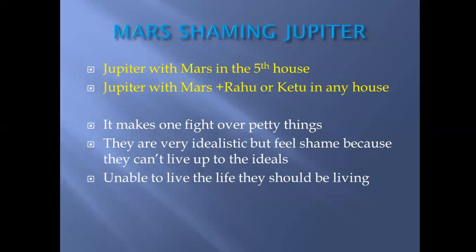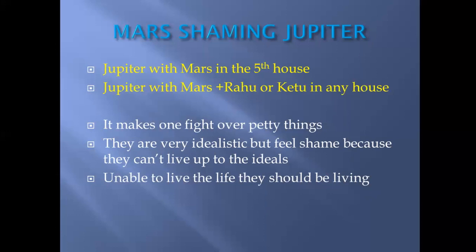Okay, then we've got Mars shaming Jupiter. And this happens when Jupiter is with Mars in the 5th house, or when Jupiter is with Mars and Rahu or Ketu in any house. So Mars is the fighter, right? So it's going to make one fight over petty things.